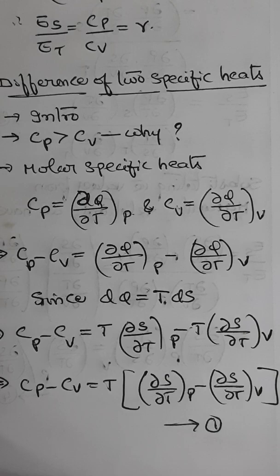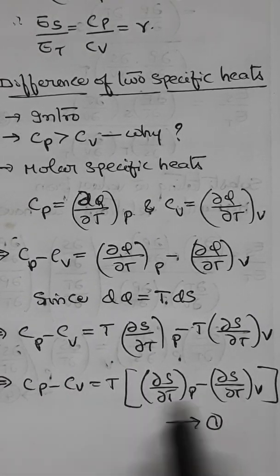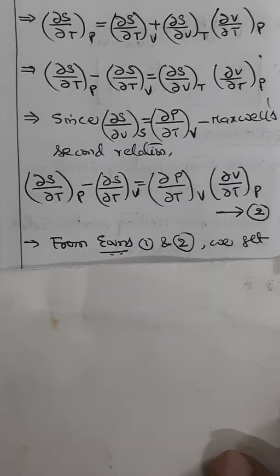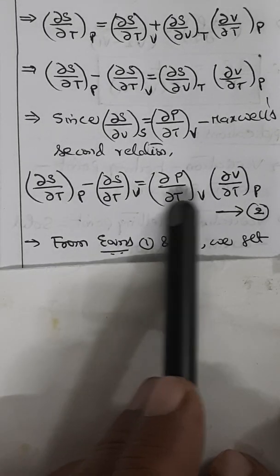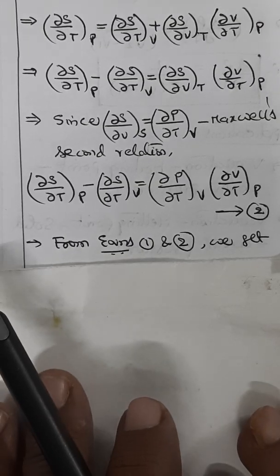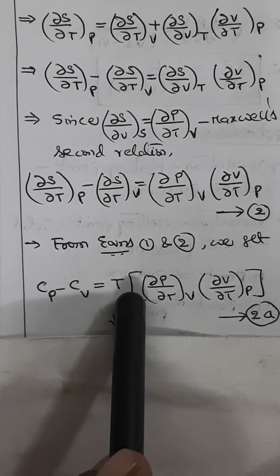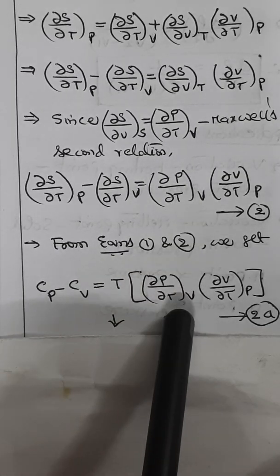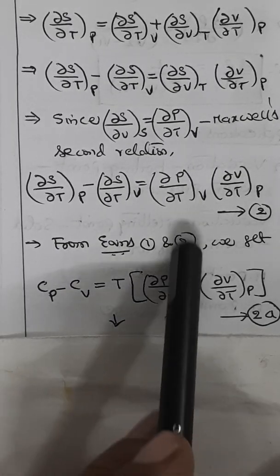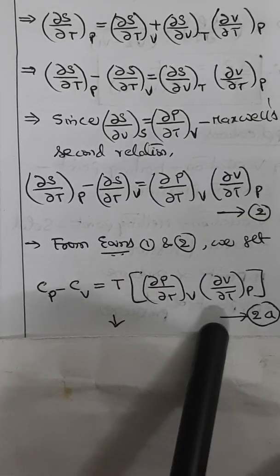First equation is this one. Using equation 1 and equation 2, on the right hand side of equation 1, we can straight away substitute: Cp minus Cv equal to T into ∂P by ∂T at V into ∂V by ∂T at P. Let it be equation 2a.